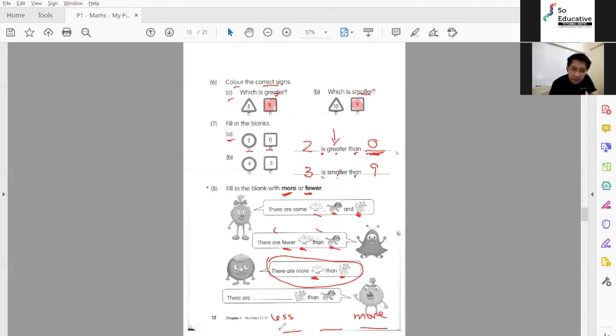So less cats, more birds. Okay. Now there are fewer birds than dogs. Fewer birds than dogs. So fewer birds, and then we have more dogs.